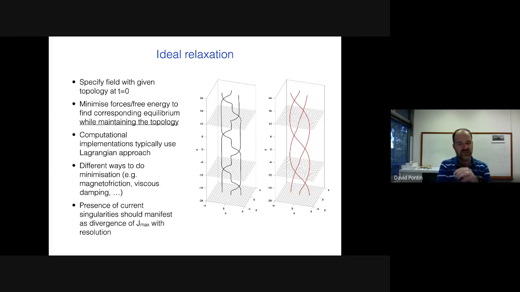And then if there is a current sheet in that magnetic field, then if you do a convergence test with the numerical resolution, so as you sequentially increase the resolution, then the current density should diverge if there's an underlying singularity. On the other hand, if the magnetic field is smooth, so if the current is finite, then the current value should converge with the resolution.